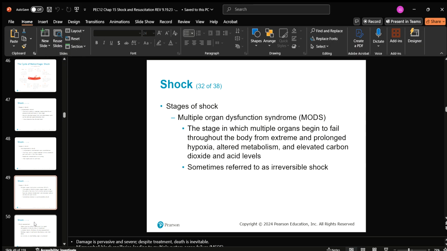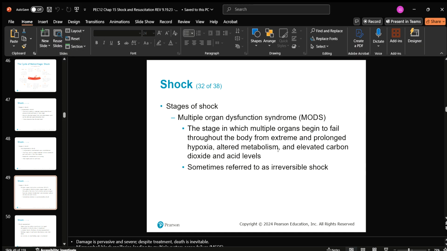All right, so we may also have what's called MODS. This is us just getting worse and worse and worse. So this is also referred to as irreversible shock, that third stage. We have compensated, decompensated, and irreversible. This is where multiple organs are starting to fail due to prolonged hypoxia. What's hypoxia? Lack of oxygen.